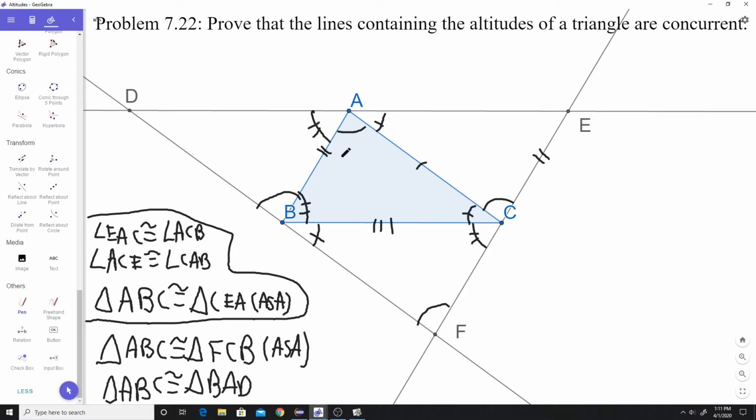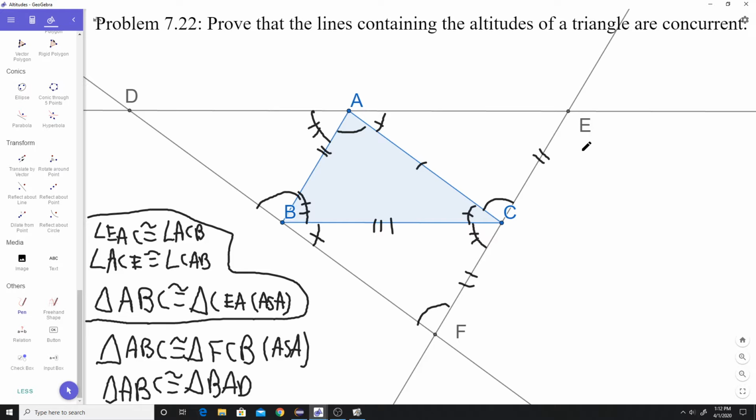Well, on ABC, that is the side AB, the no tick mark angle and the two tick mark angle. So CF has to have the same length if they're congruent. And if this is true, then that means that point C cuts EF in half. So this is proving that C is the midpoint of EF.